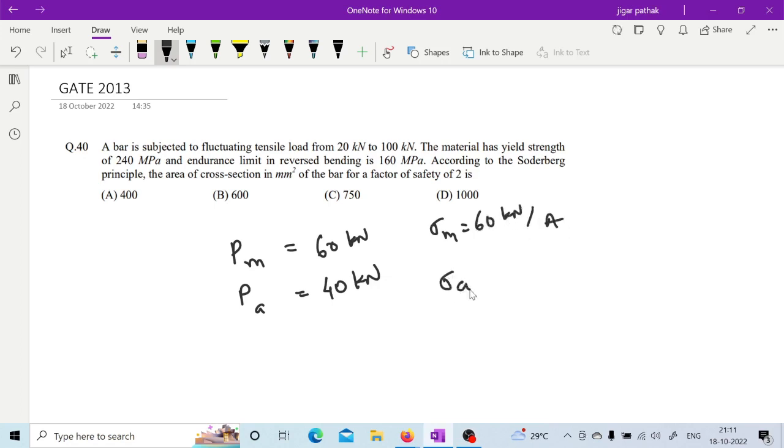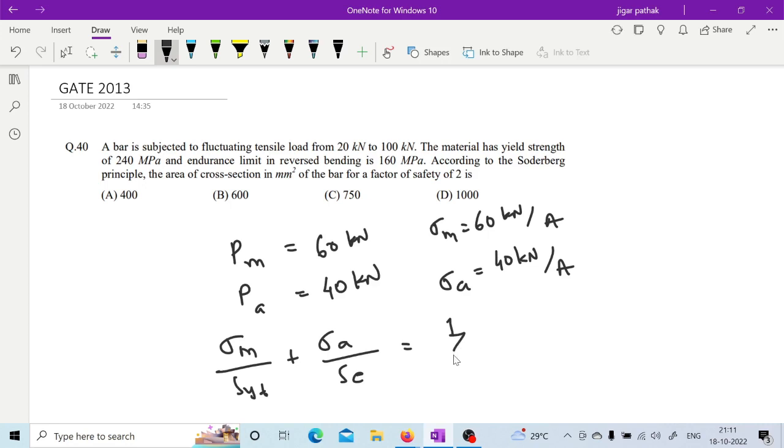So sigma m and sigma a can be written by this. Cross sectional area is not there, so you are calculating first force and then directly dividing it by area, and then you can apply this Soderberg equation, sigma m upon Syt plus sigma a upon Se is equal to 1 upon factor of safety.